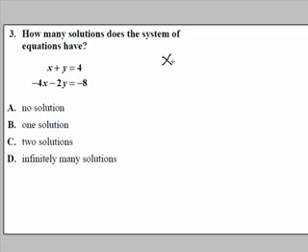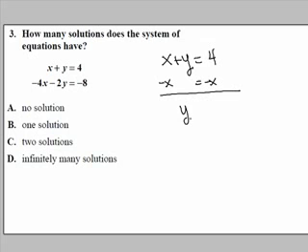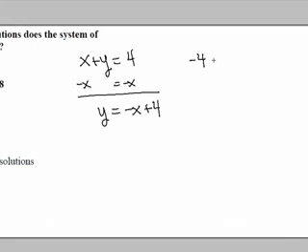So for that first equation, let's look at putting it into slope-intercept form by first subtracting x from both sides of the equation. And I get y is equal to negative x plus 4. And the second equation, let's put it into slope-intercept form. So let's add 4x to both sides of the equation first.